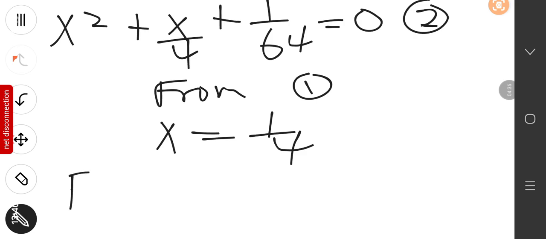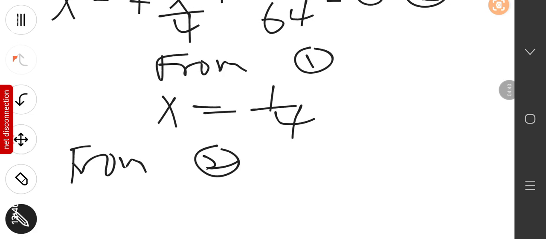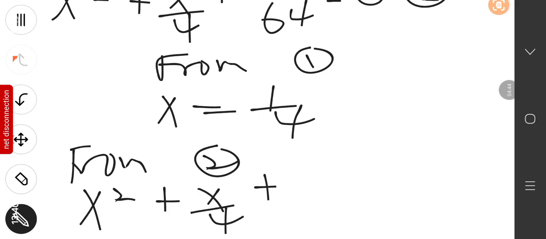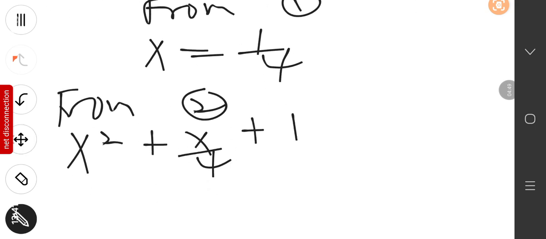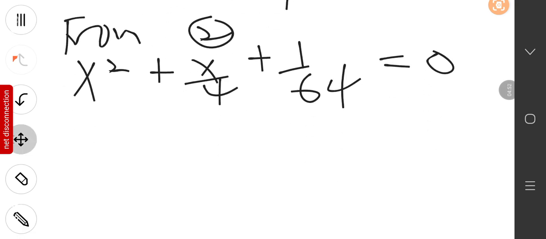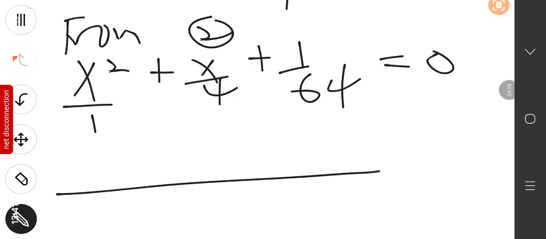From equation 2, we have x squared plus x over 4 plus 1 over 64 equals 0. Now let's find the LCM of the left part of the equation. We divide here by 1, and the LCM is 64.